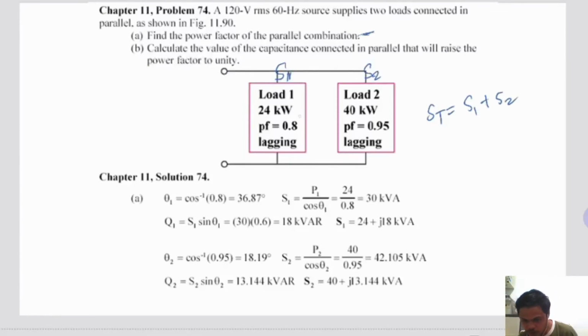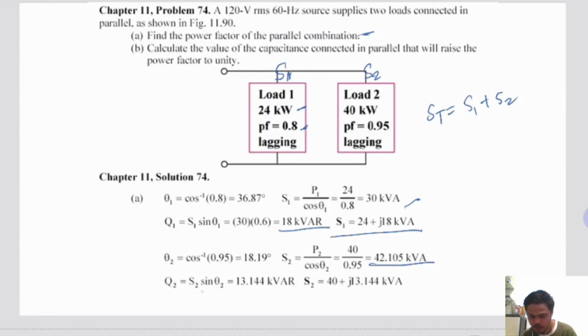Since the given for load 1 is P and power factor, we can compute for Q and S. S is 24 divided by 0.8. Q can be determined as 18 kVAR. So this is our S1. For load 2, S2 is 40 divided by 0.95, so you have 42.2 kVA.